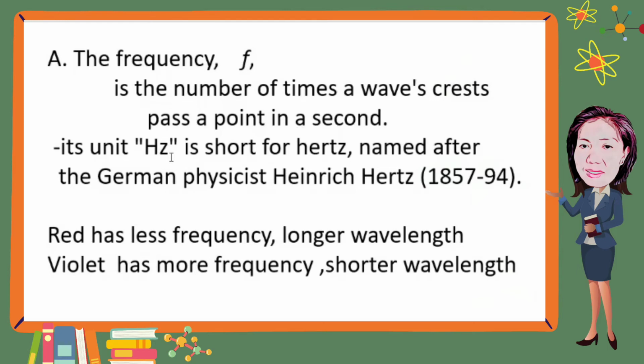So, the unit is in hertz or Hz. This is named after German physicist Heinrich Hertz in 1857 to 1894. So red has the less frequency but longer wavelength, whereas the violet has more frequency but shorter wavelength.